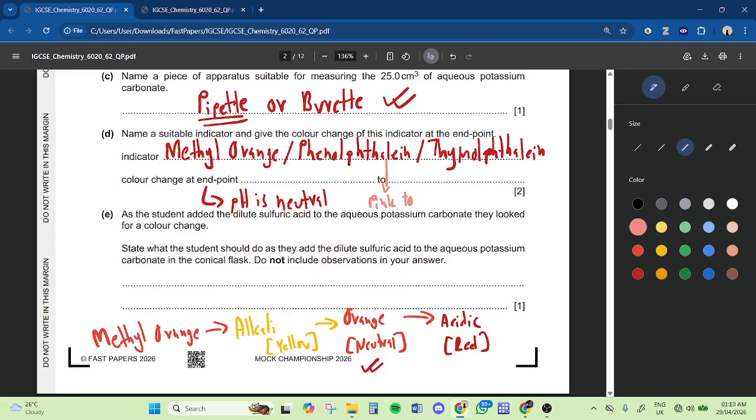So pink to colorless. And thymolphthalein is going to be blue to colorless. But because I wrote methyl orange first, I'm going to write that over there. So I'm going to pull that here and say it's going to be yellow to orange.